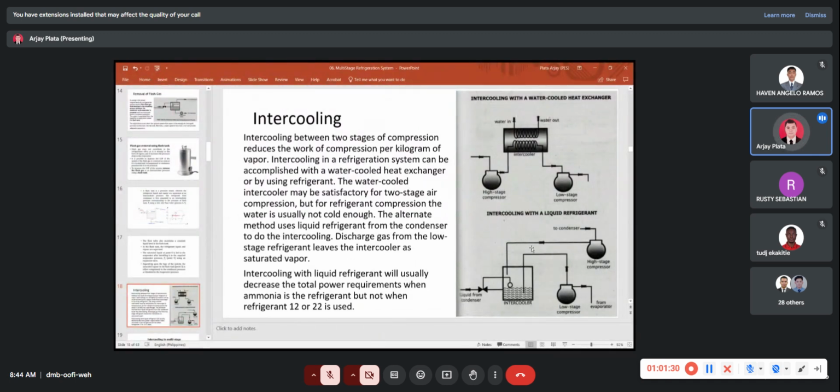Okay, so sometimes we use a heat exchanger in between the stages of the compressor.